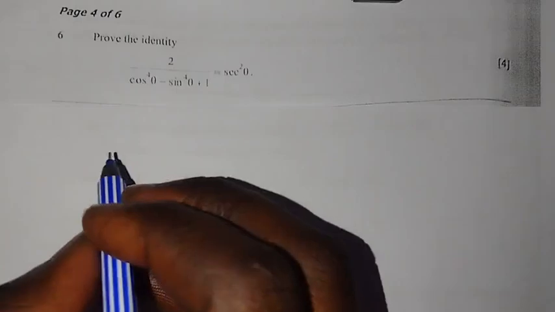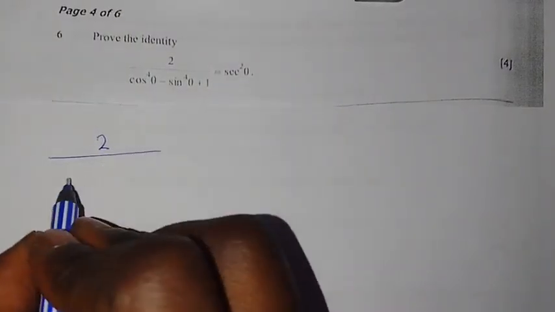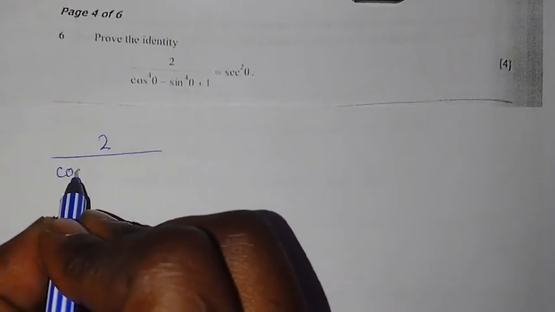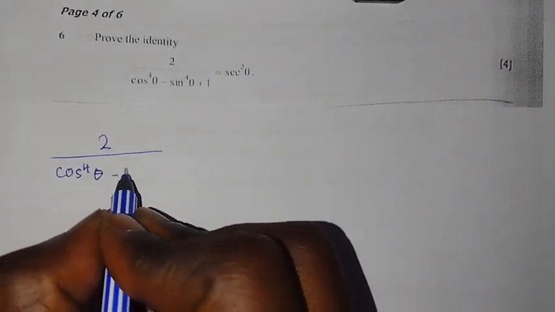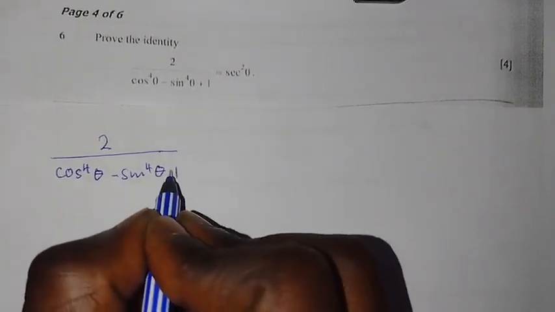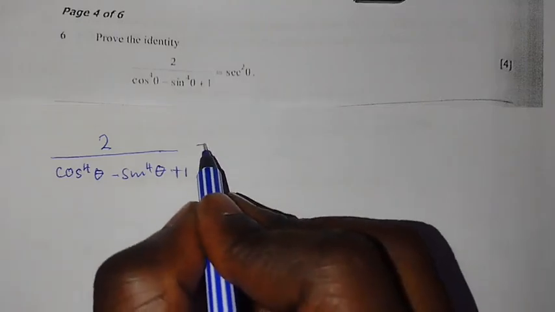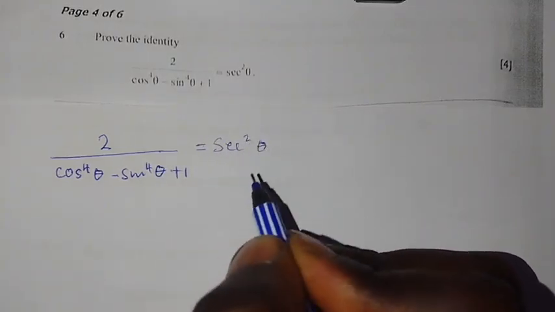So we are going to write our question, that is step 1. This is our question: 2 divided by cos power 4 theta, minus sine power 4 theta, plus 1. They are saying this is equal to sec squared theta.